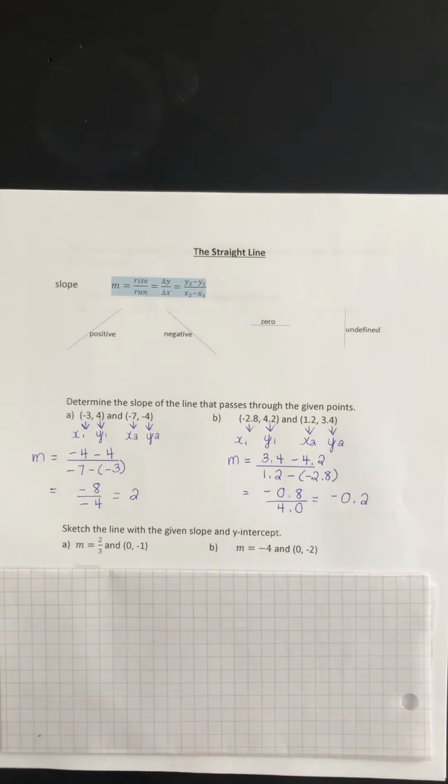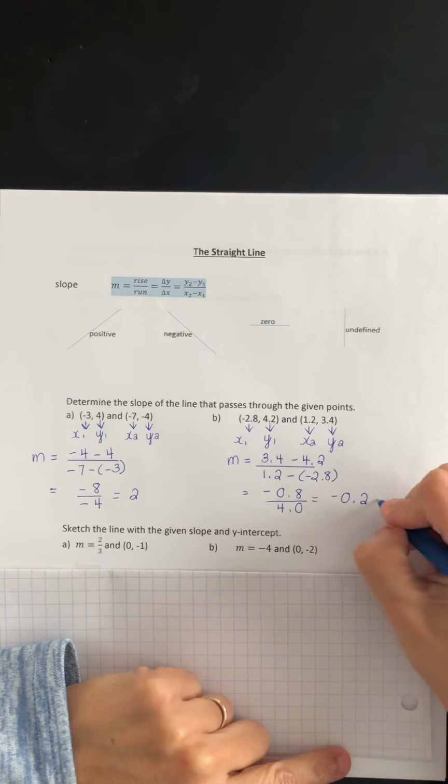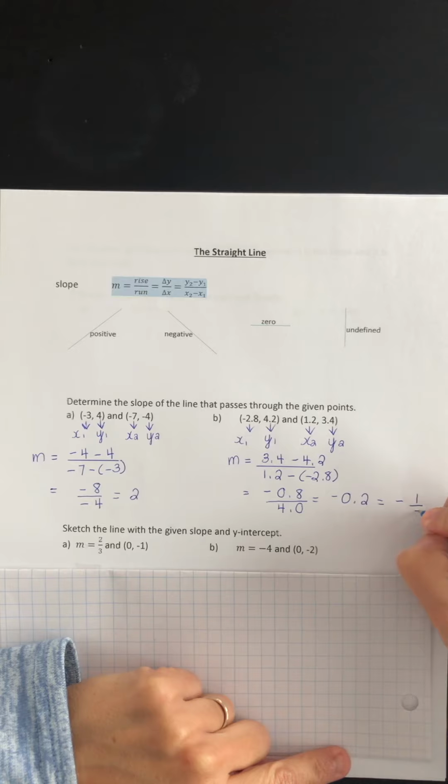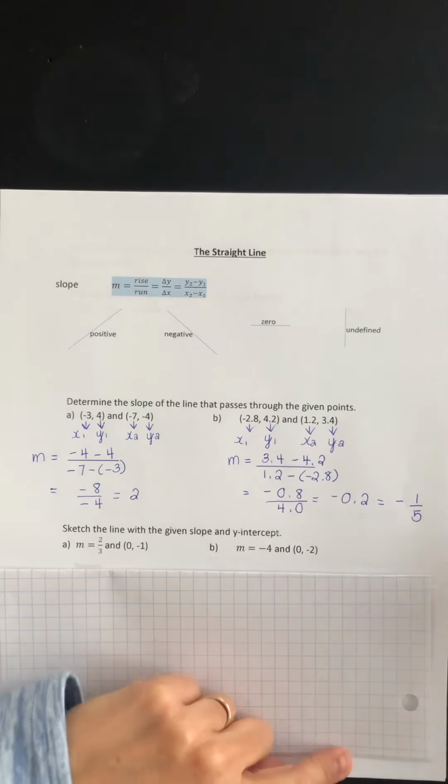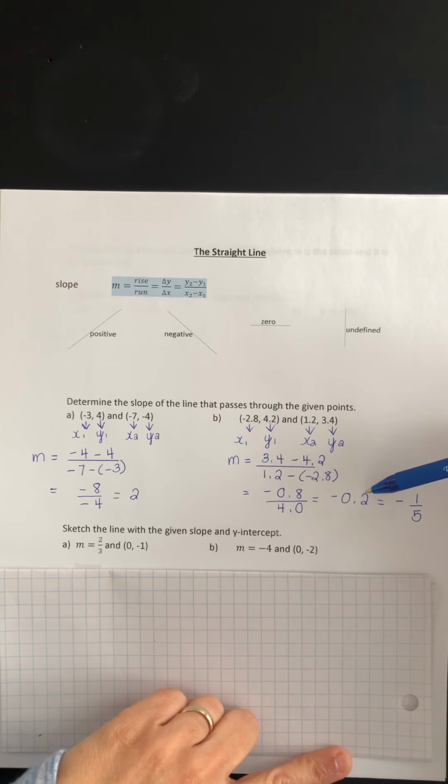And sometimes it's important to express your slope as a fraction so that you can identify the rise versus the run. So you may know that 0.2 is a fifth. So this is equal to negative 1/5. And if you didn't know that 0.2 was 1/5, you can think of it like this.